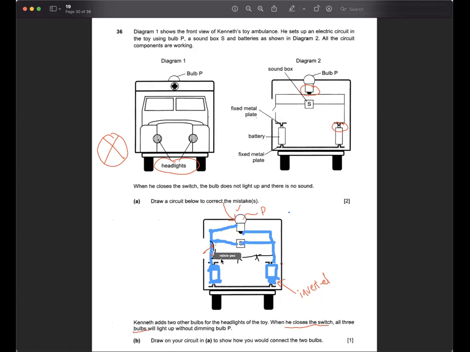Hey, why you draw like that? You redraw lah. Redraw.